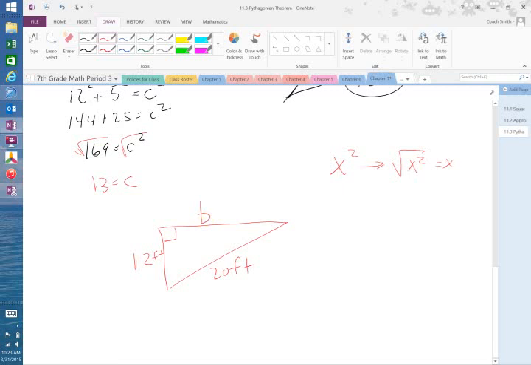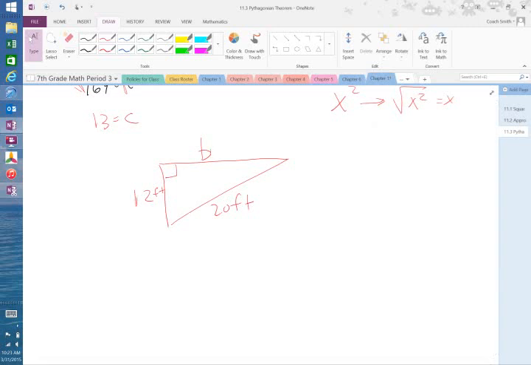Now, instead of finding C, we have to find A or B. Finding A or B is exactly the same for each one. If we're trying to find A, it's still going to be the same process. So we plug in our information. Once again, A squared plus B squared equals C squared.